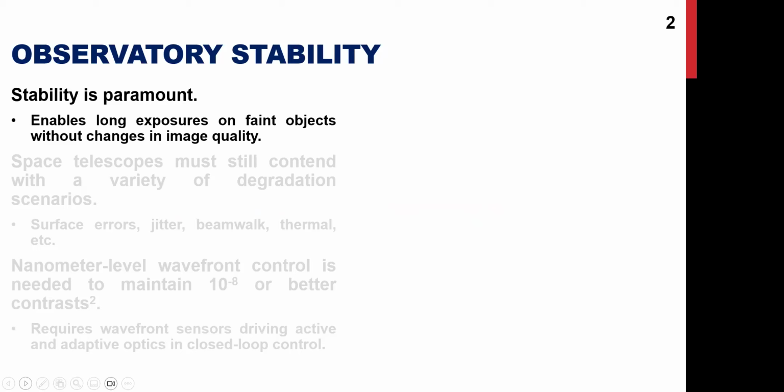For these instruments, stability is the key to everything. For one, it allows us to take long exposures on these faint objects, which exoplanets are, without any changes in image quality.